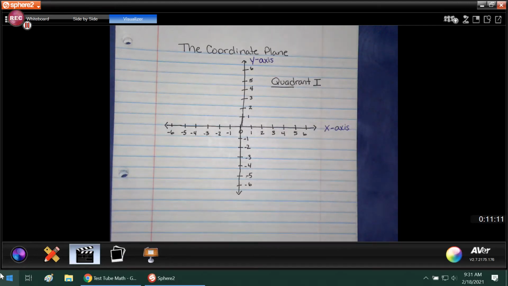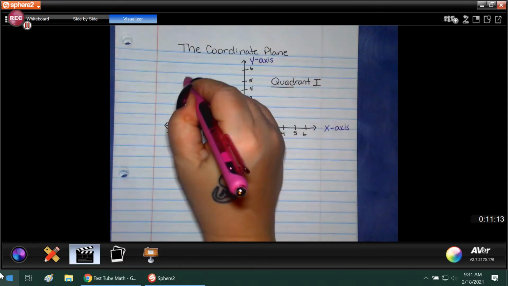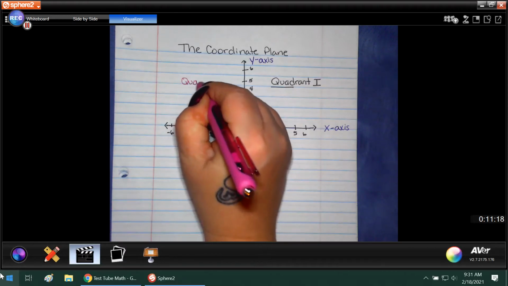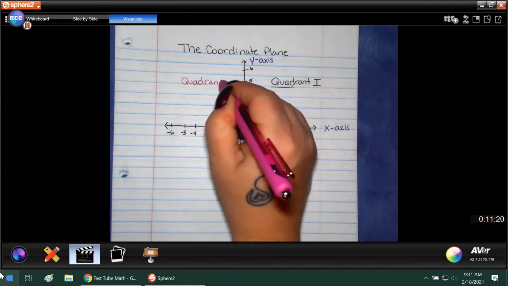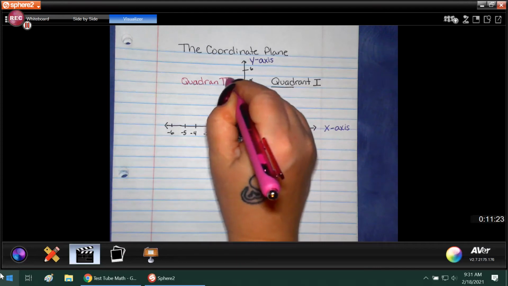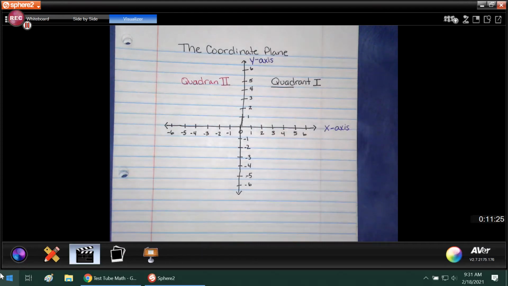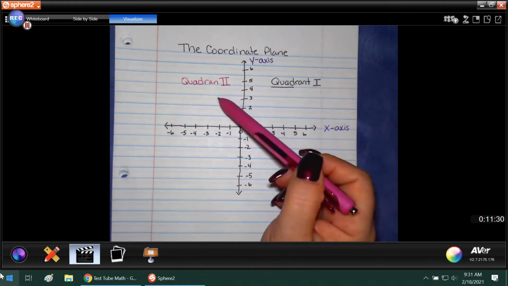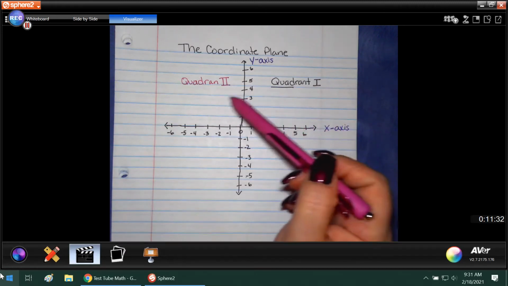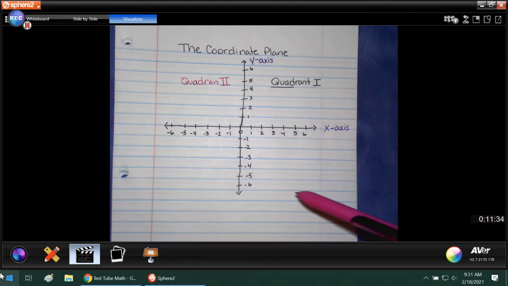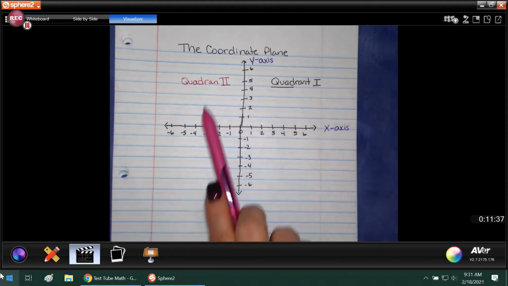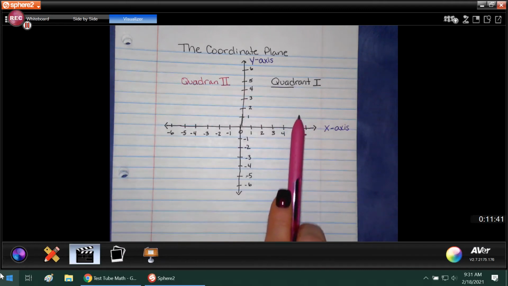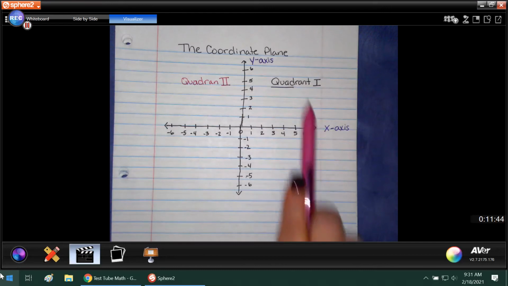This area or section is quadrant 2, Roman numeral 2. All right, so we've got 1, 2, and we're moving in a counterclockwise rotation. So, you know, as the clock moves on the wall, it goes in this direction. We're going to move in this direction, counterclockwise, okay?